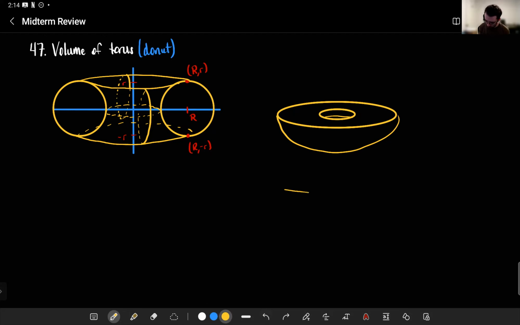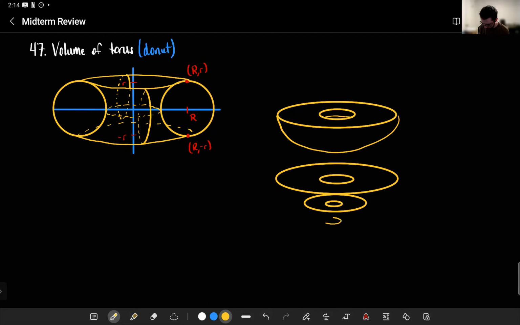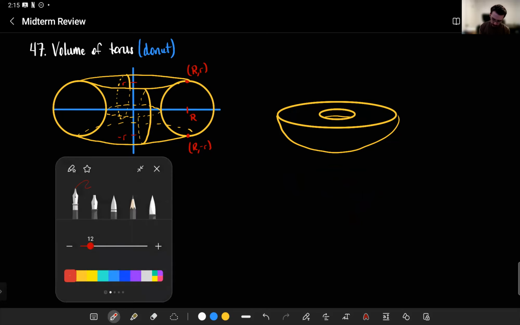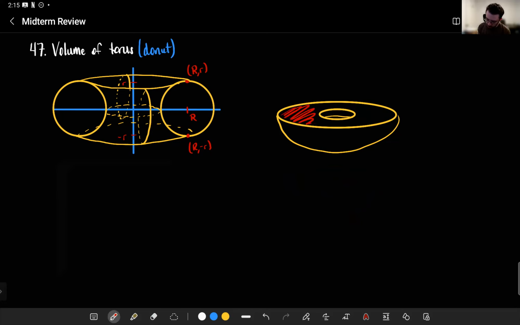So slicing this bagel up into a bunch of little washers makes me end up with something like this. Here's my littlest slice of the bagel. So you get a whole stack of those washers making a whole giant bagel. Anyway, to figure out the area of a general slice here, the washer part of it, we need to know the distance.